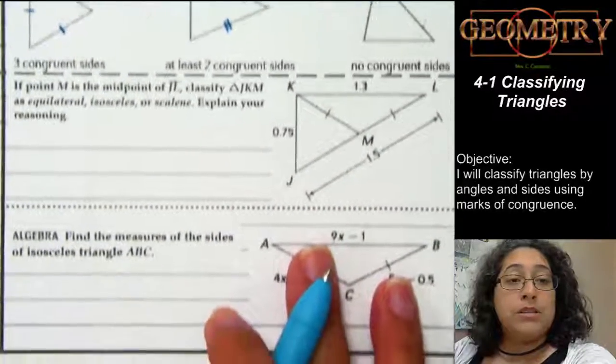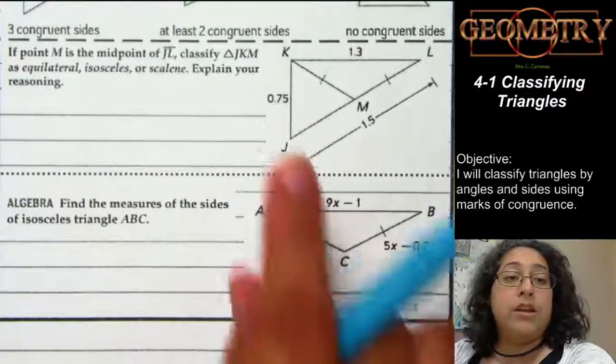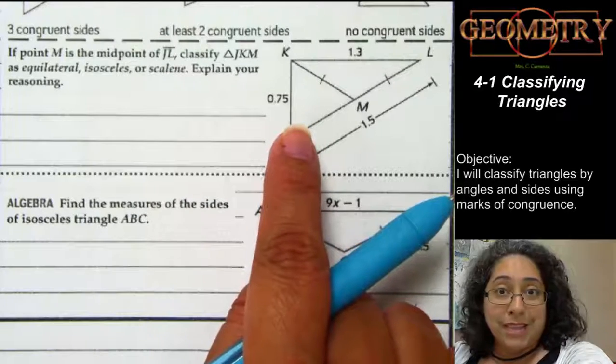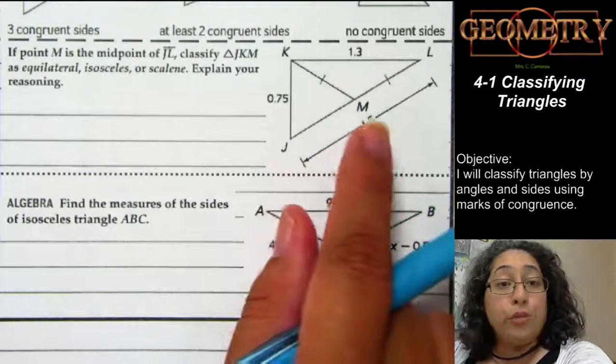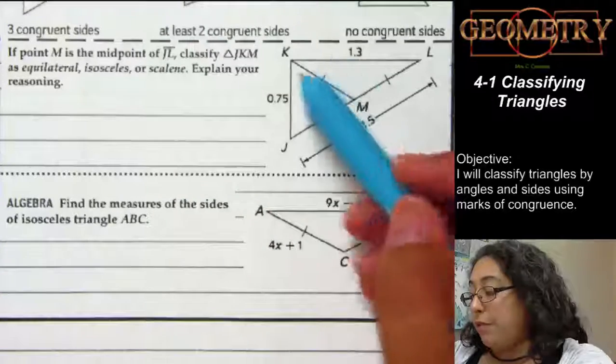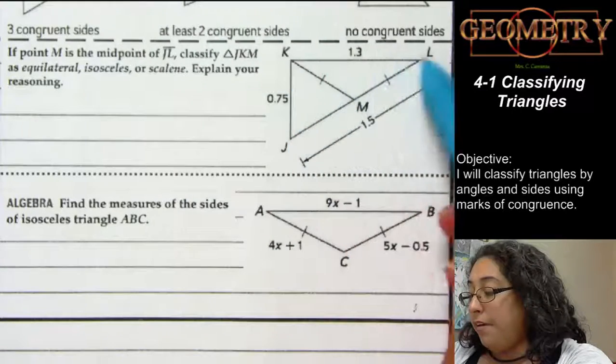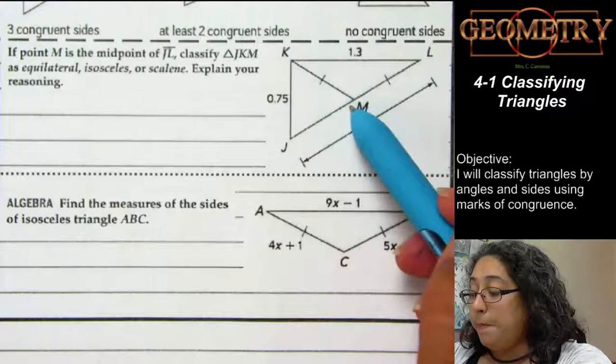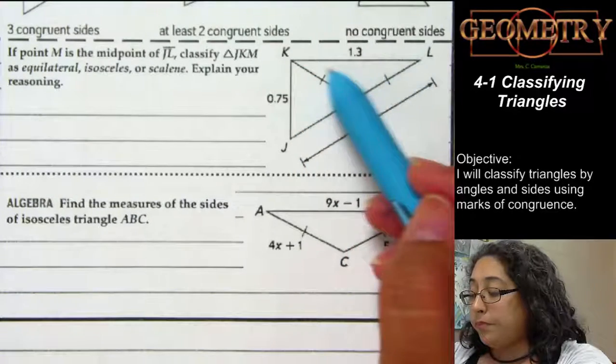Let's take a moment to practice identifying by sides whether triangles are equilateral, isosceles, or scalene. I have three triangles sitting here. I have the one big triangle, JKL, and I have the two smaller triangles, JKM and KML.